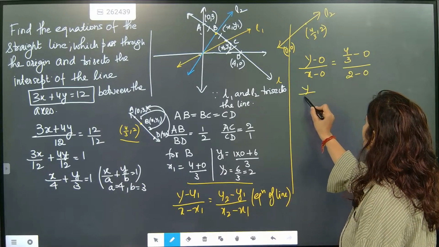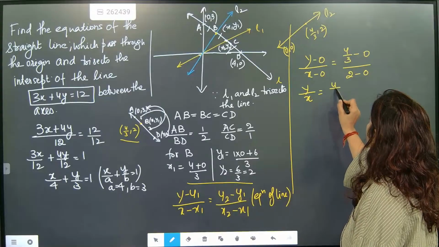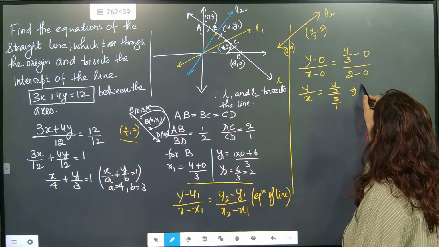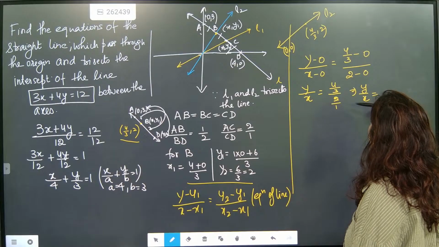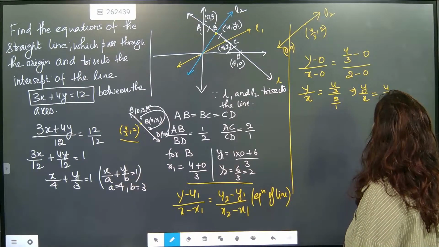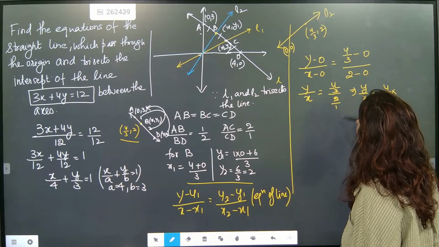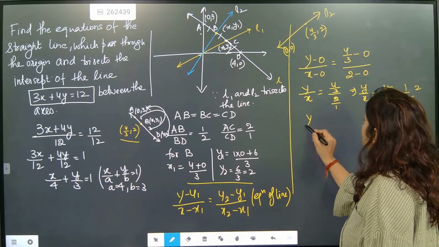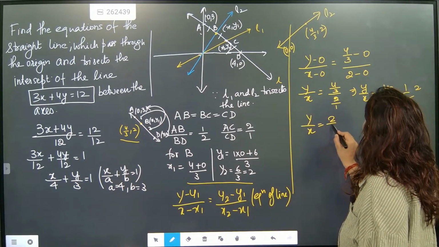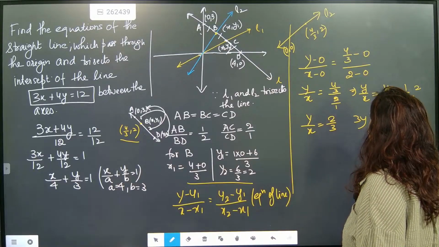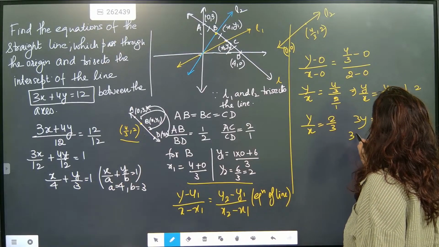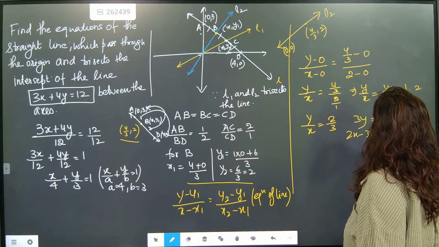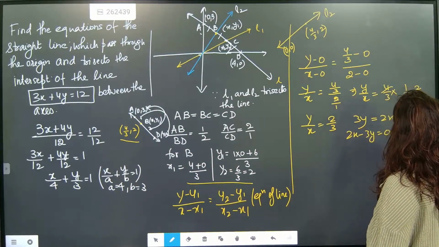So it is coming y by x is equal to 2 by 4 by 3, that is 2 into 3 by 4, cancel, it is coming as 3 by 2... so y by x is equal to 2 by 3. So 3y equals 2x, or 2x minus 3y equals 0. So this is your equation 1.